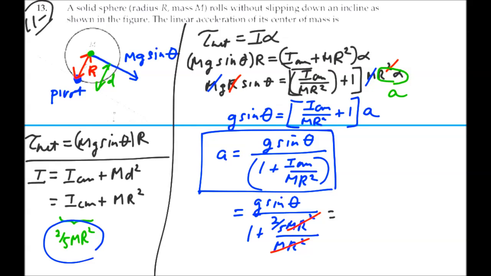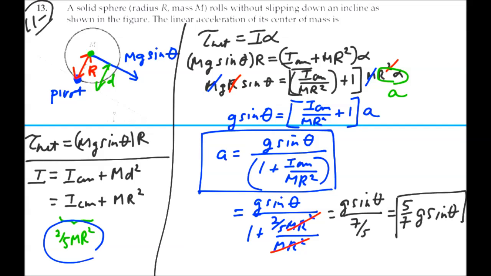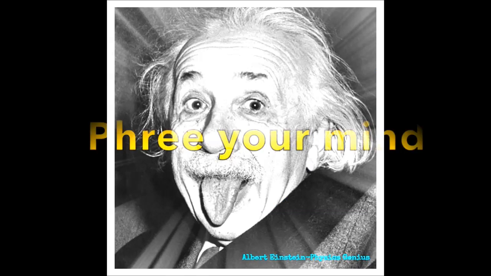So this is equal to g sine theta over 7/5, or 5/7 g sine theta for the sphere. So that's our answer. 5/7 g sine theta is the linear acceleration of this sphere going down the incline. But we're going to be using this equation that we derived in general for the following problems.